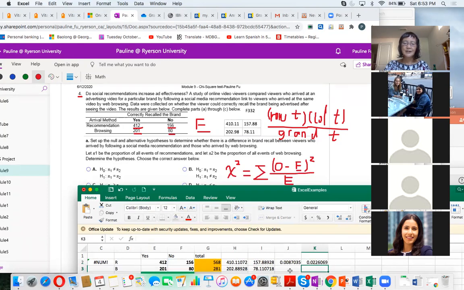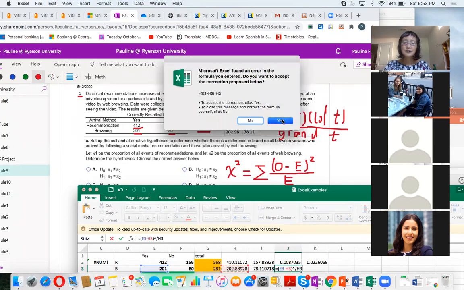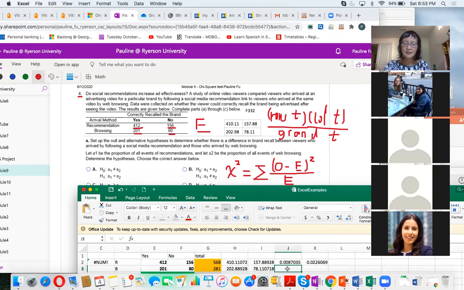Okay, and then do the chi-square value for this cell, equal to observed 201 minus expected 202, squared, divided by expected. This is a chi-square value. Oops, I have to double check. Equal observed minus expected squared divided by expected.